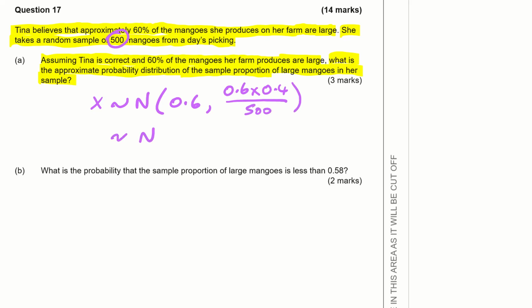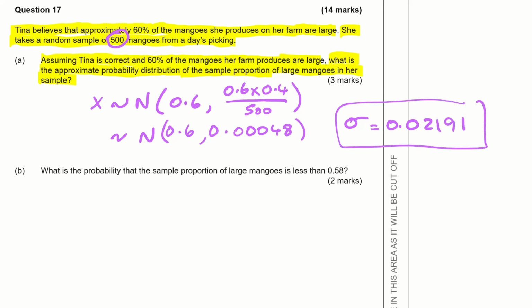And so that is going to be a normal 0.6, 0.00048, and I like to write down the standard deviation because that's what we'll actually use. So square root the variance, and it is 0.02191. Okay, that's going to be important.